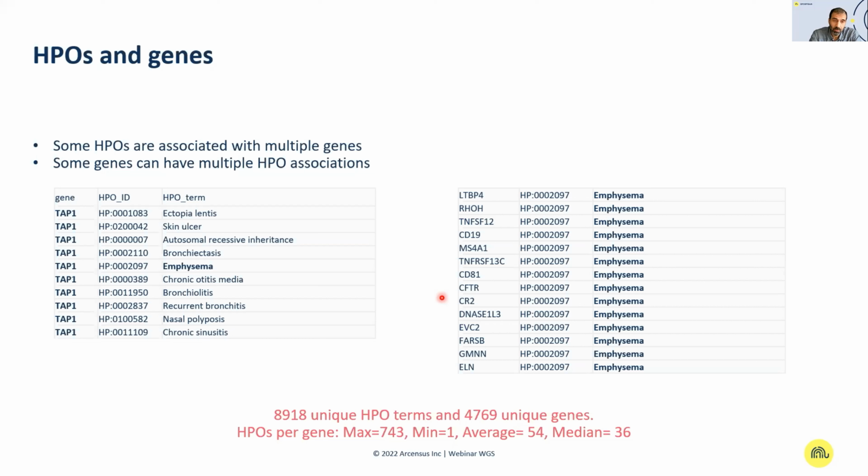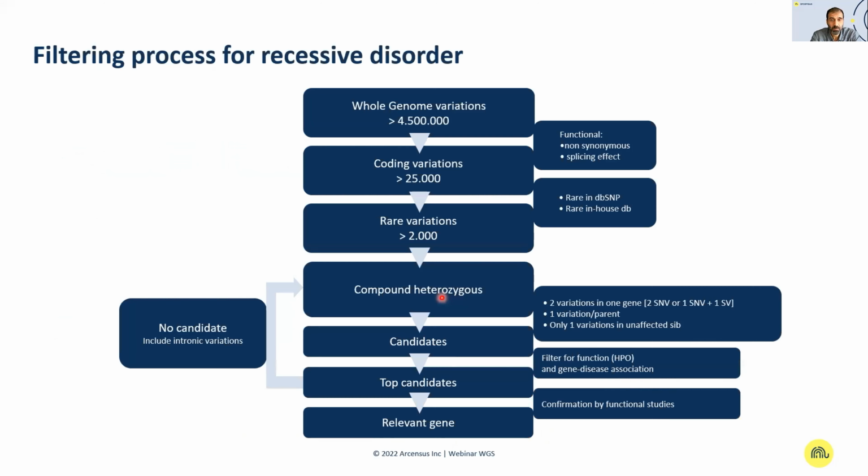But at the same time, you also have a gene that has only a single HPO term associated with it. However, on average, each gene has about 54 HPO term associations, with a median of 36 HPO terms.